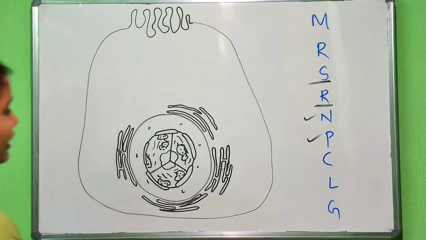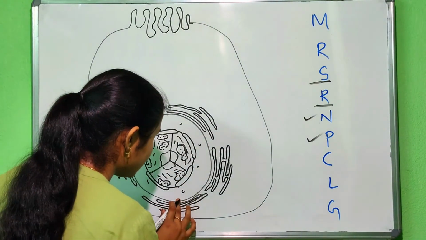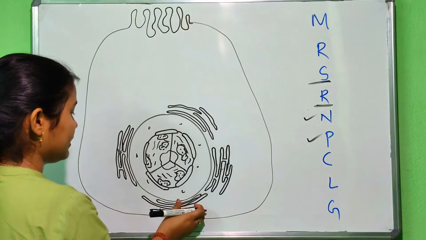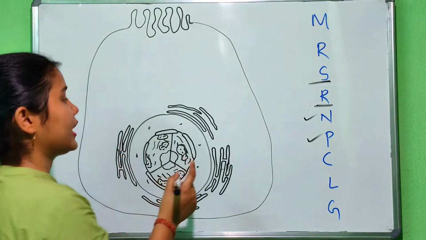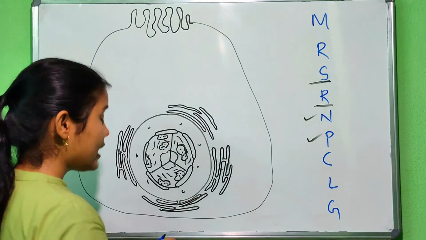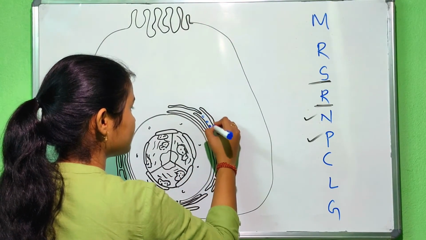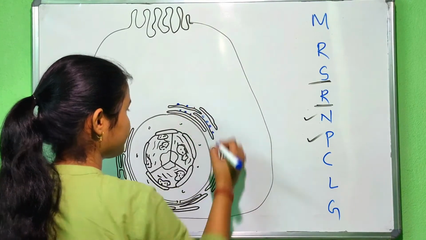These are the endoplasmic reticulum surrounding the nucleus. Some are also generated from the nucleus. So if we are drawing rough endoplasmic reticulum, then we will also draw some ribosomes. So these are the ribosomes.